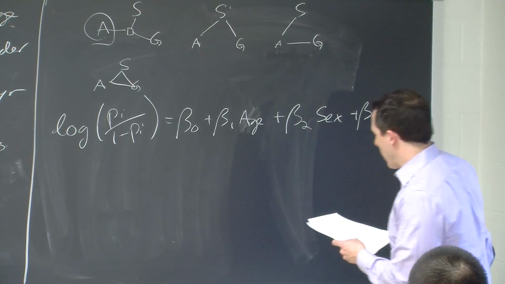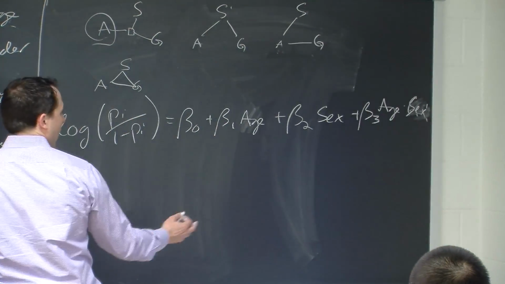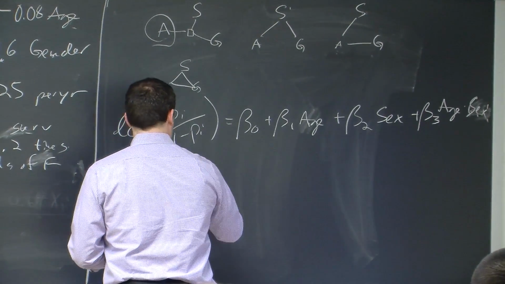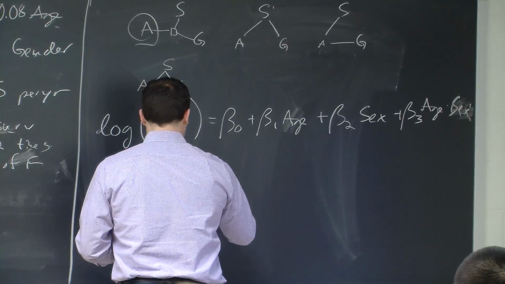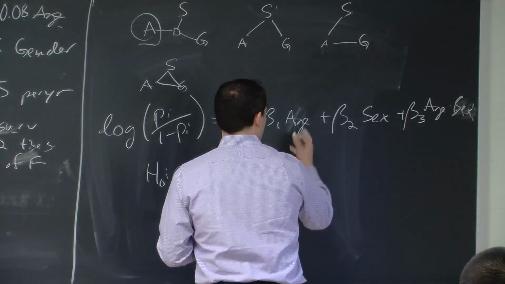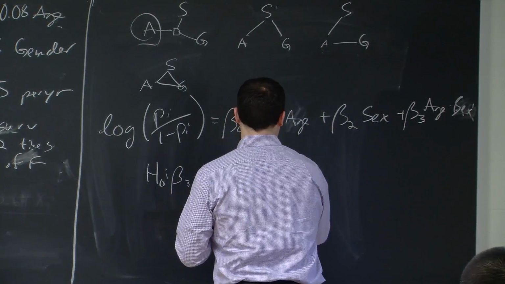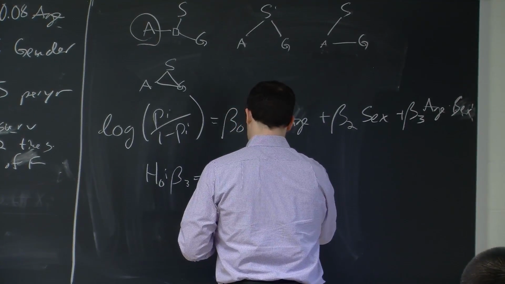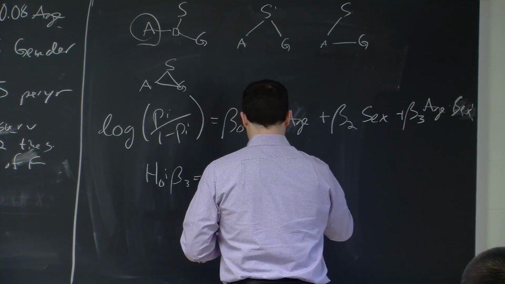So this is our model with interaction. Now our null hypothesis is that this interaction term is 0, and our alternative hypothesis is this full model, where beta 3 is not 0.